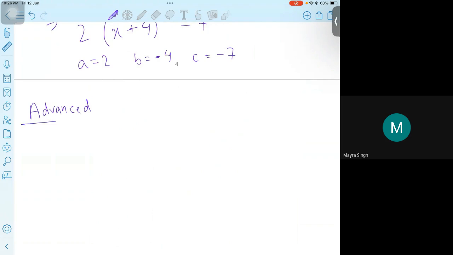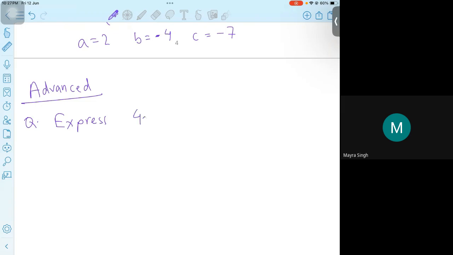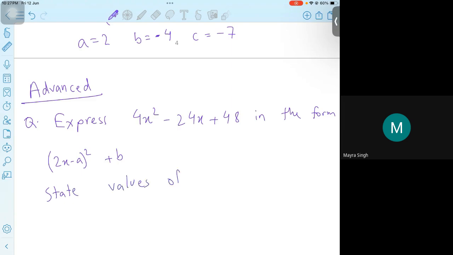So the advanced version is going to be: express 4x squared minus 24x plus 48 in the form (2x minus a) whole square plus b, and then state the values of a and b. So as you can already see, in this question, the difference here is there's a 2 inside. So let's see how to deal with this.